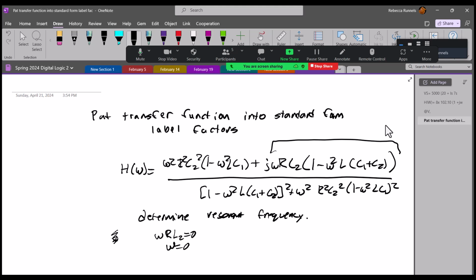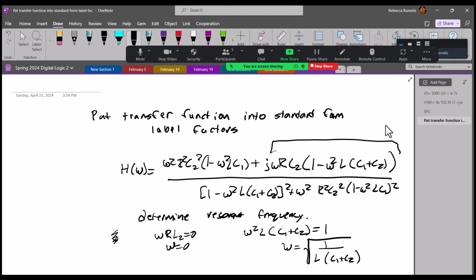That gives us the trivial one that we don't need. And then we get omega squared L (C1 plus C2) equals 1, or omega equals the square root of 1 over L (C1 plus C2). And then you plug in your numbers and you're done.